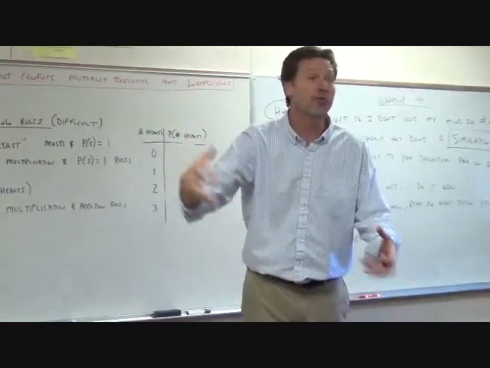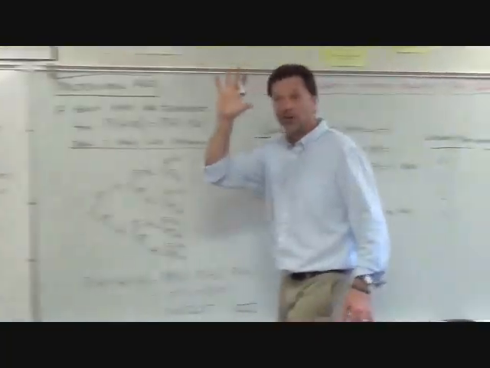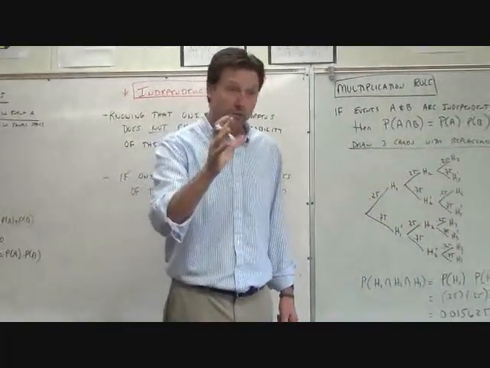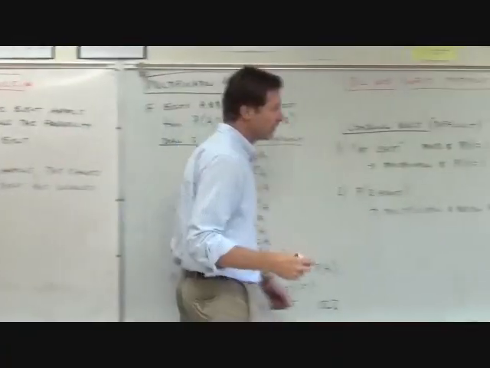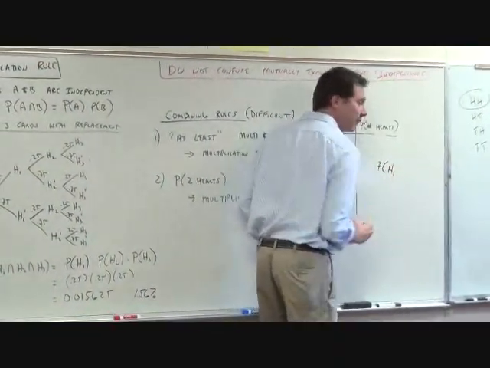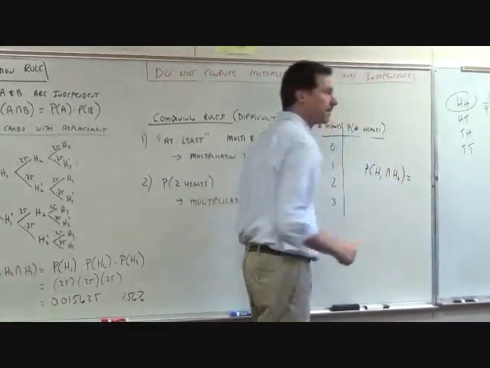Well, let me just show you another way we can get that. Are flipping coins independent? You've always got to ask yourself that question first. Yes, they are. So what we're trying to figure out here is the probability of getting a heads on the first and a heads on the second.